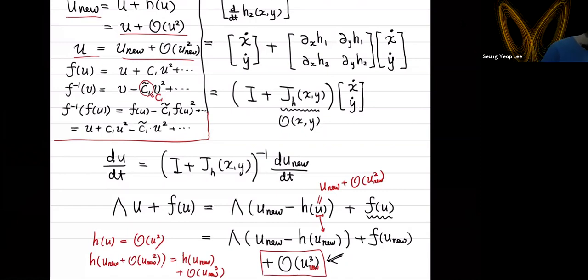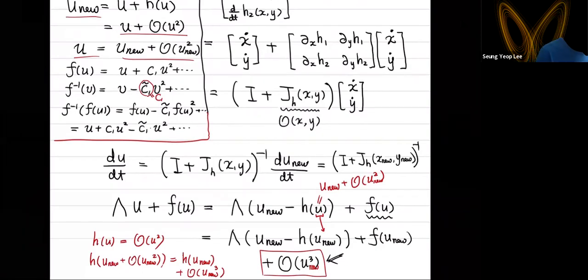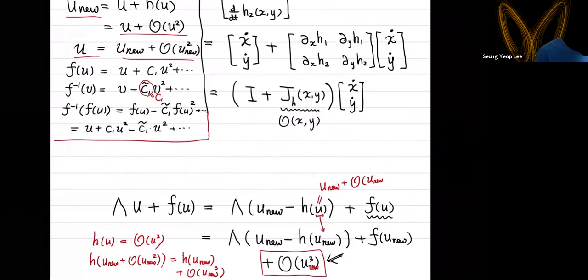Okay. Now let's combine the left hand side and the right. So again, the left hand side also, you can change this x nu, y nu. You can change this x and y into x nu and y nu.